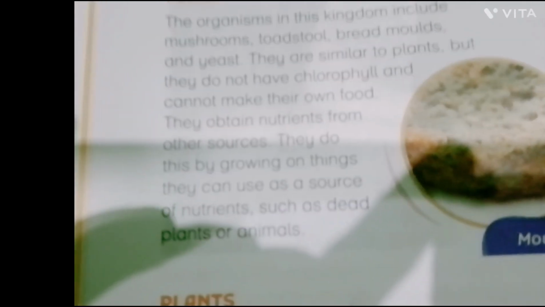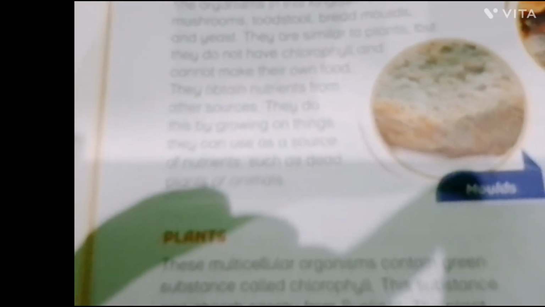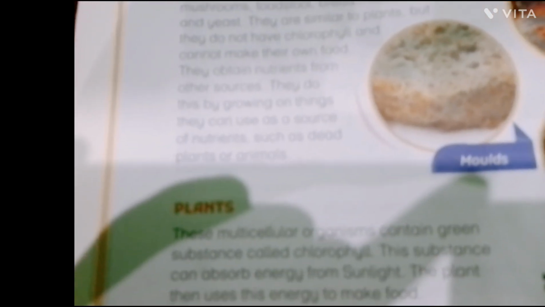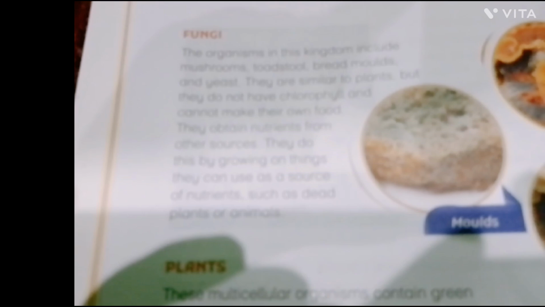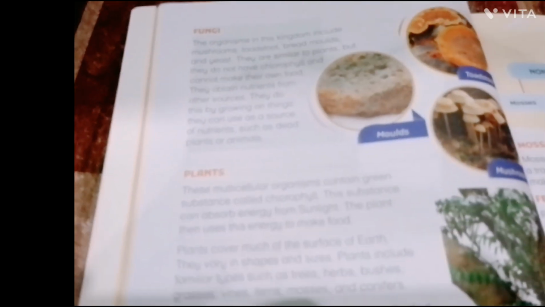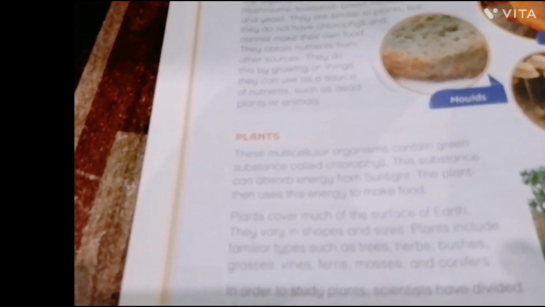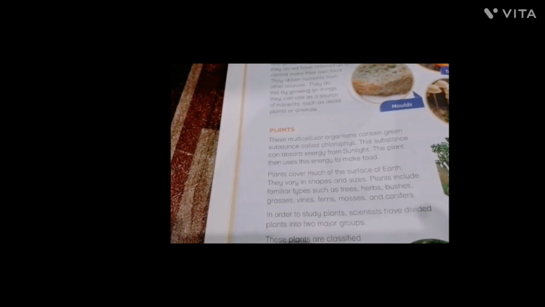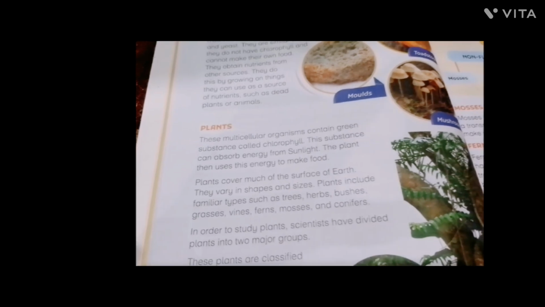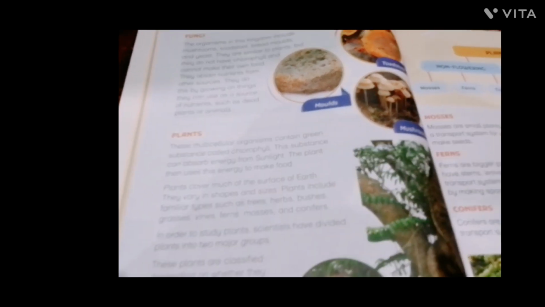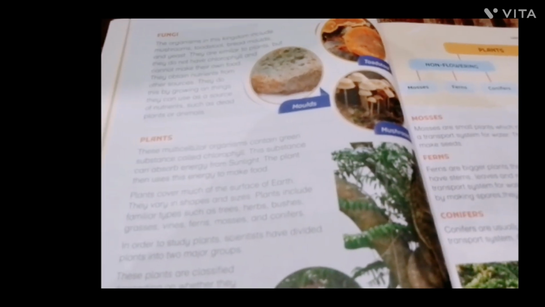They do this by growing on things they can use as sources of nutrients, such as dead plants and animals.